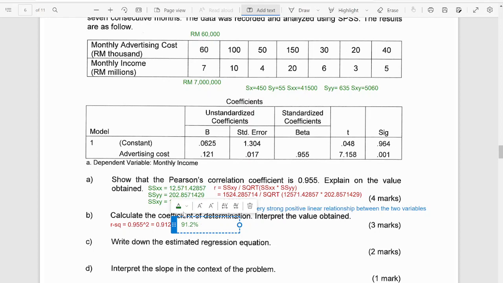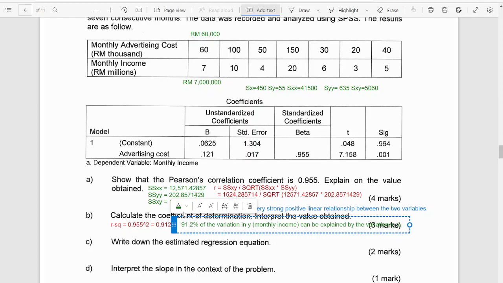So 91.2% of the variation in y. What is y here? So y here is monthly income. Okay, monthly income can be explained by the variation in x.